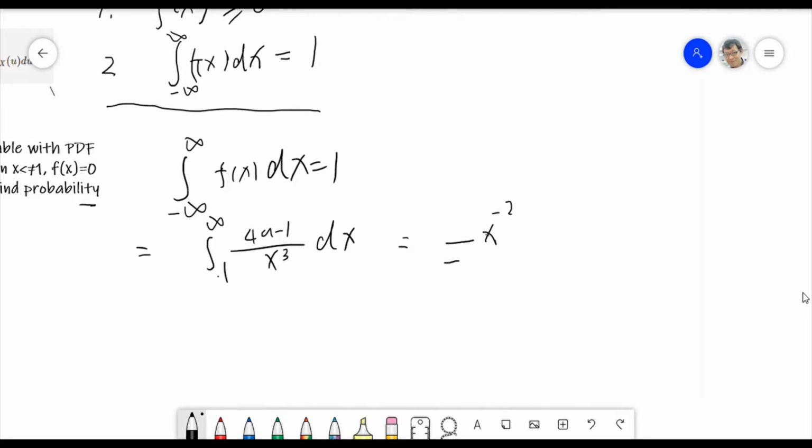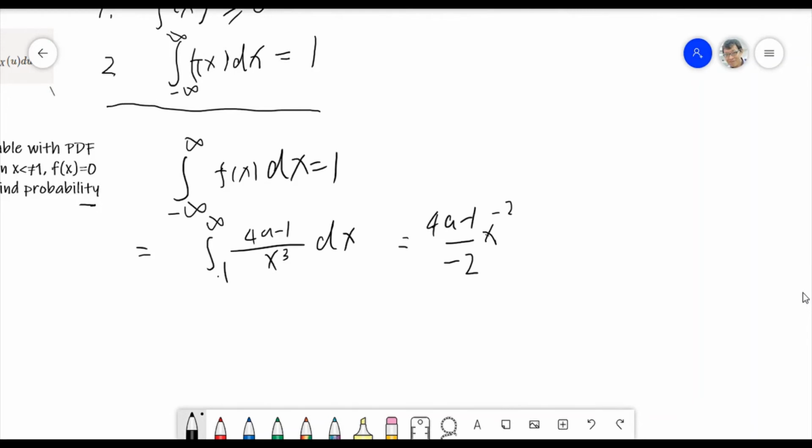So here it should be negative 2, so that after the derivative it is x to the negative 3, right? And for this one, 4a minus 1, since it's a constant, you just copy it. So 4a minus 1, so that's it, right?